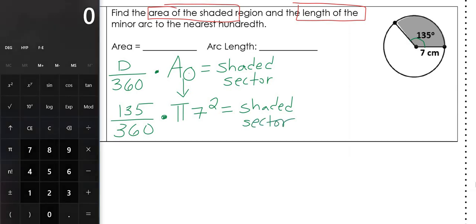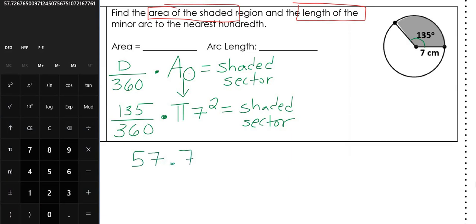So one more time. 135 divided by 360 equals times the pi times the 7 squared, which is 49, equals. So it's 57.73 if we're rounding to the nearest hundredth. So we're going to write 57.73, and our units are centimeters squared because it's area.